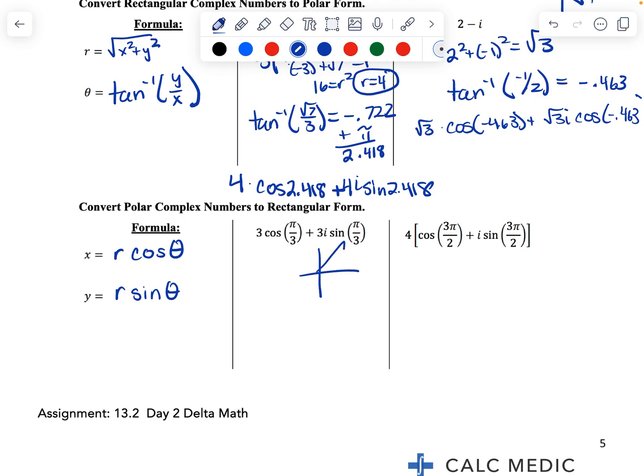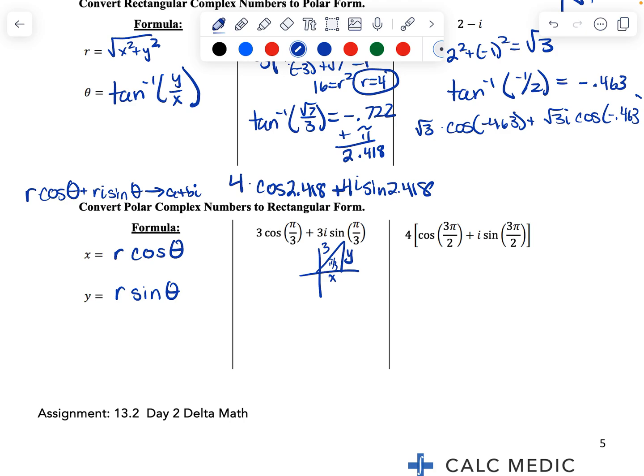So we know that it's pi over 3 in this quadrant, and we want to find our x and y. So we're going from polar to rectangular. So that's going from r cosine of theta plus ri sine of theta to a plus bi. So we have to find our a and our b, or our x and our y.